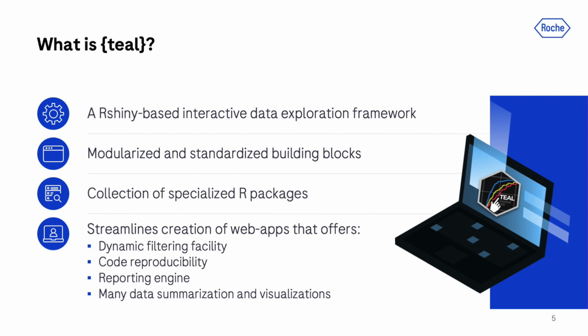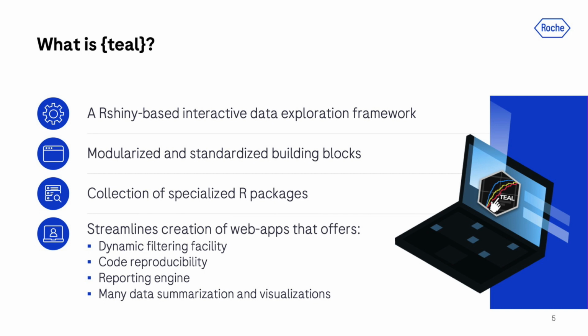It centers around modularized, reusable, and stackable building blocks, organized into a collection of R packages, each with its specialized functionalities. The framework abstracts away a lot of the complexities of building a Shiny app that allows the app developers to focus on developing the analysis content itself.